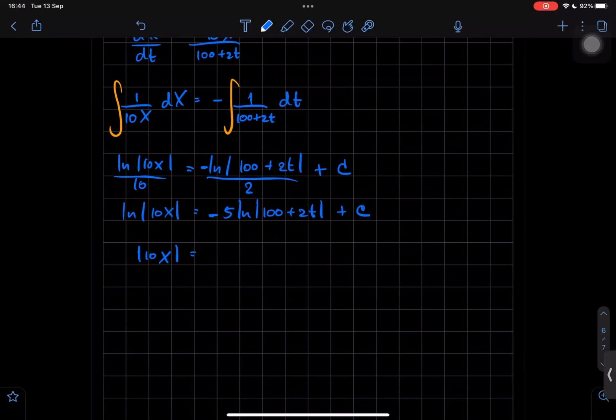Equal to e to the minus 5 log of 100 plus 2t plus c. This is always positive, right? So we can just take the absolute value out, and 10x is also positive.